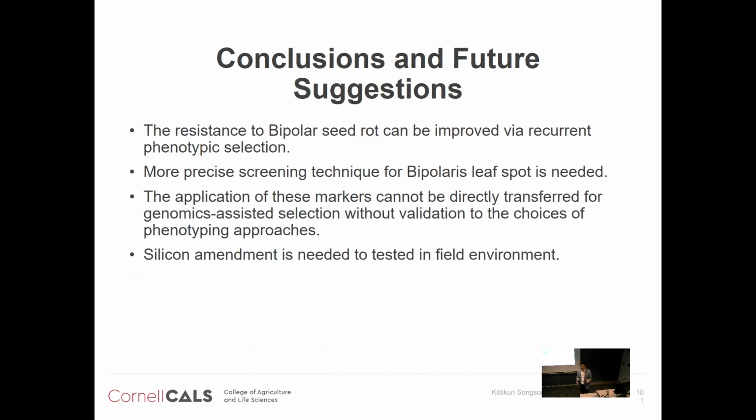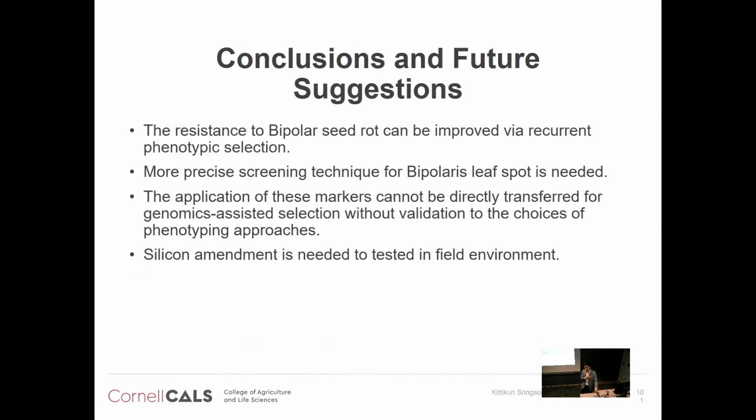So overall, for my research, I would like to conclude that as a plant breeder, I'm pretty proud of the improvement of the resistance to Bipolaris seed rot. It increased 60% and 50% in each cycle of selection, which is so high for disease resistance.